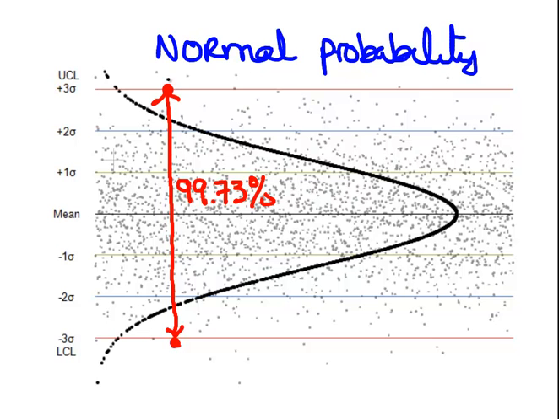So what's outside those lines should only account for 0.27%, as in about 1 in 400 or 1 in 350 or something like that.